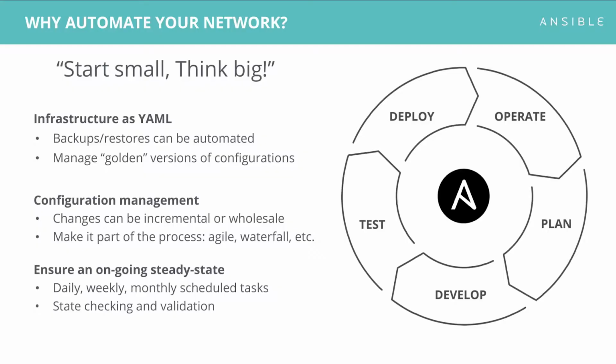The idea of taking those mops, or even taking routine tasks that network operators do every day, like checking routing tables, making sure that interfaces are up, we can automate those now. And we can take some of that time back from those network operators. And what we're trying to do is apply the same kind of disciplines that are required for DevOps methodologies. To be successful, you need to standardize.